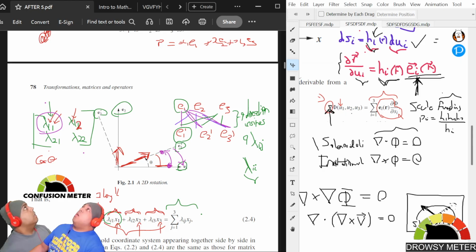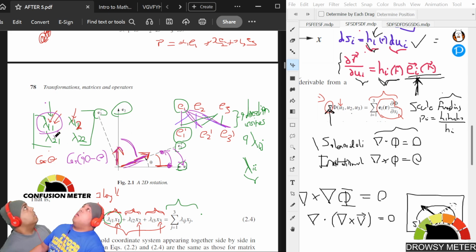Ah, okay. Angle between new one, this is new one, and old two, this is old two. So this thing, yeah, that is 90 minus theta. Cos 90 minus theta.